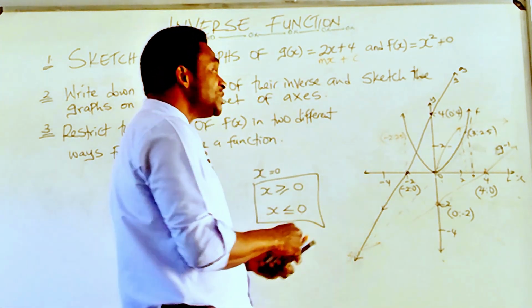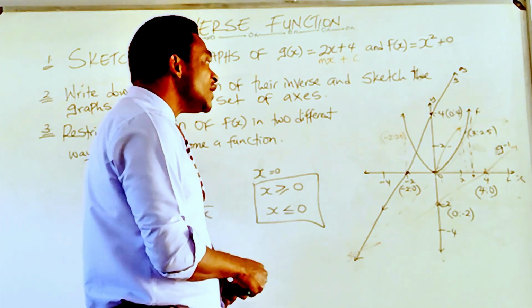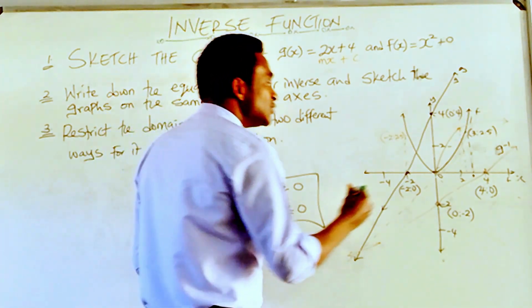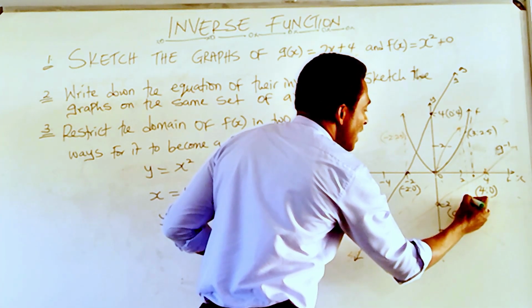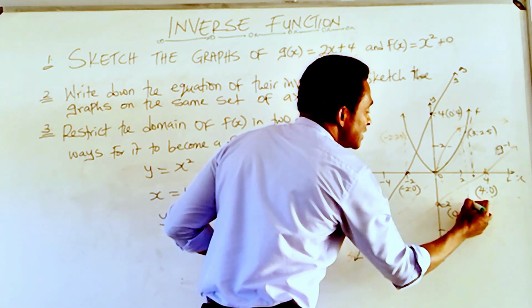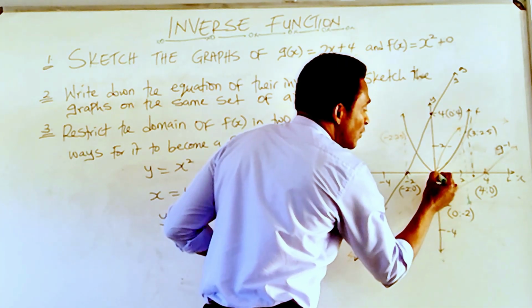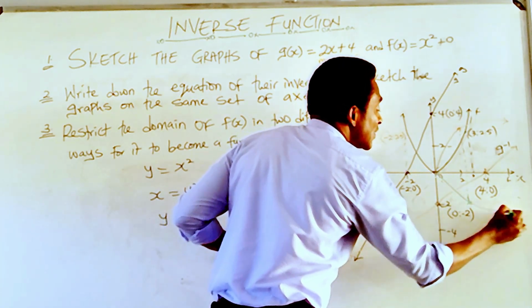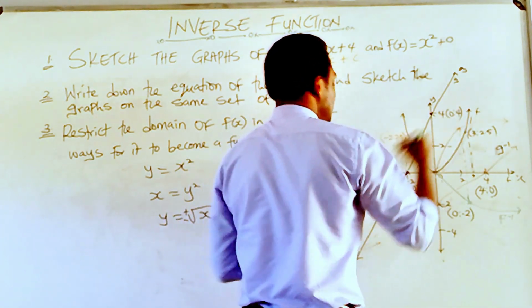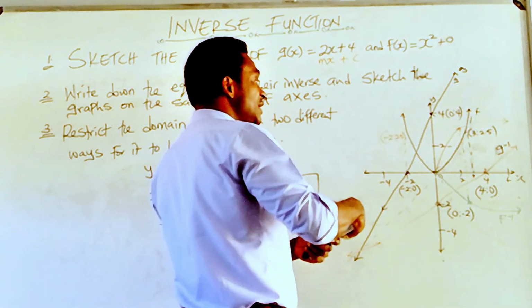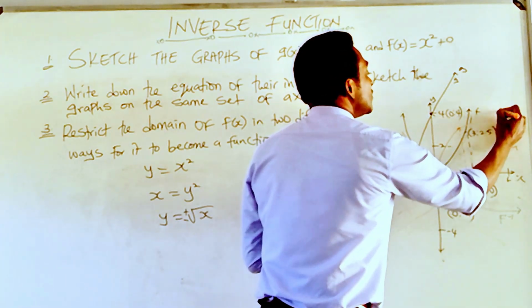So we can change this to become 2.5 and negative 2. So we have 2.5 for x and negative 2 for y. So we'll have our graph here. So this will be the inverse of this, and this will be the inverse of f.